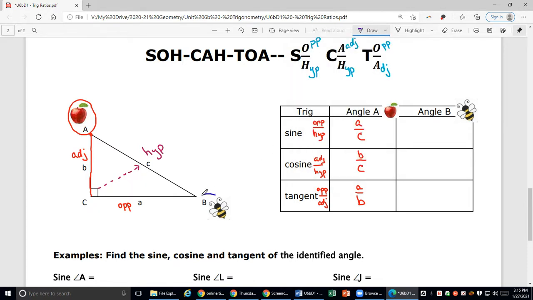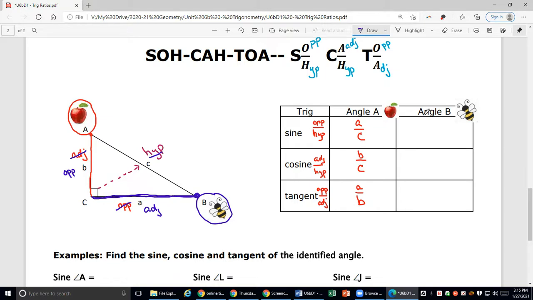Now let's look at if I move to angle B. My hypotenuse doesn't move, it's still in the exact same place. But my adjacent side switches. This side here that has the value of A is now my new adjacent side. And then across from there, I see my new opposite side. So it depends on which angle you're being asked to find the sine, cosine, and tangent of.